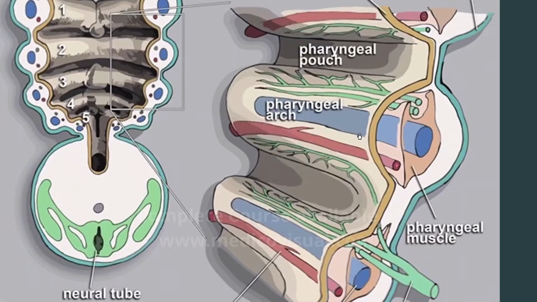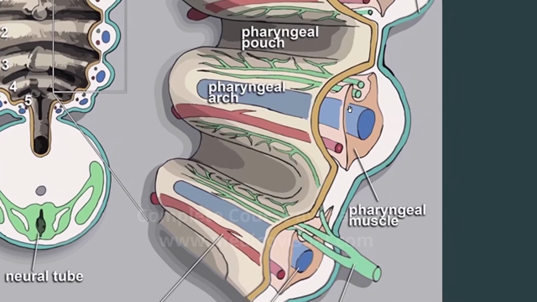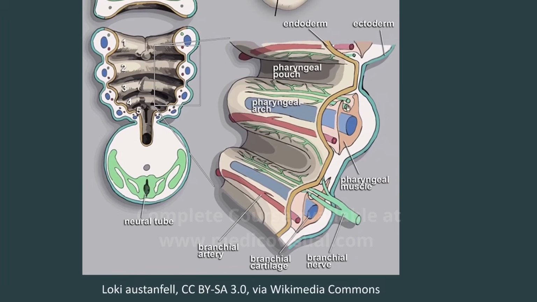So in this diagram, you can see that we have cut a section here, and if you look at the structure of a pharyngeal arch, you can see that it consists of its own cranial nerve division, its own artery, and it also consists of branchial cartilage, which are basically the cartilaginous bars that are going to form the skeletal structures. Skeletal structures of the head and neck region are mainly formed by neural crest cells. How by neural crest cells? With the help of these cartilaginous bars.